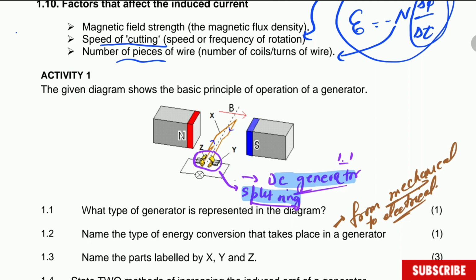The names of the parts labelled X, Y, and Z. So Y here you can see is this little one, and that is the carbon brushes. So Y is carbon brushes. Then we have Z. We already spoke about Z. Z is the split ring.